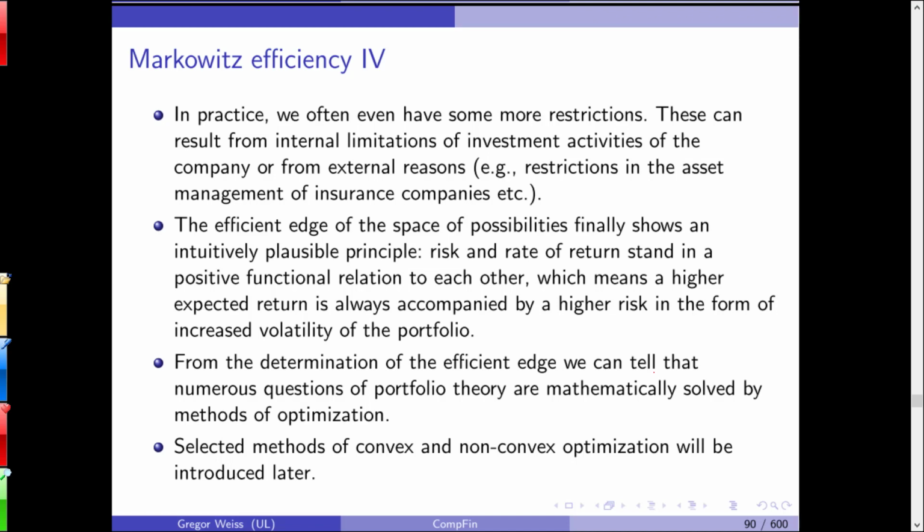Okay, and later on we'll use convex and non-convex optimization to solve for this. And this will get quite difficult, and this will get quite tricky. Why? Because we have many constraints: no short selling, certain maximum investment, requirements on which asset classes we can invest into, other requirements by law.